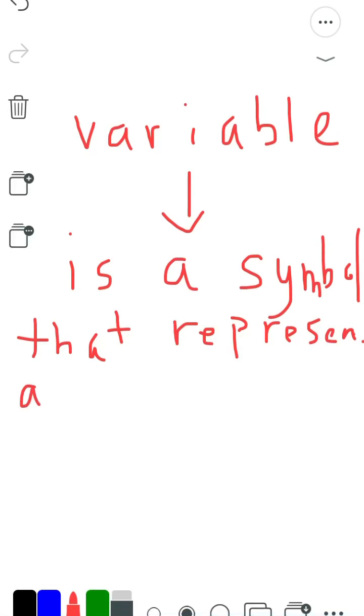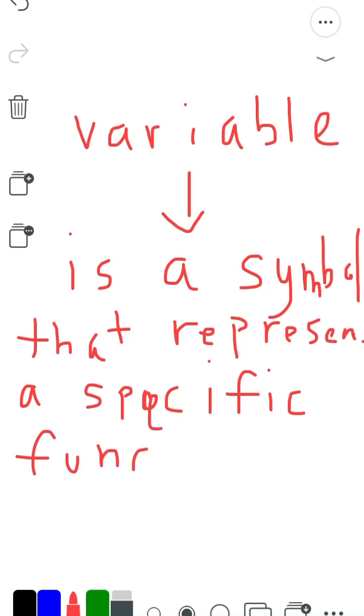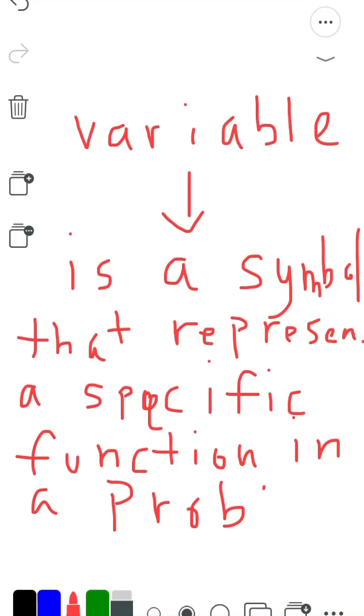So basically, we have to solve the problem by using our other clues and numbers to help us find what the variable is. A variable can be anything, like a symbol, like letters, like X, Y, anything that represents something that will act as a function.